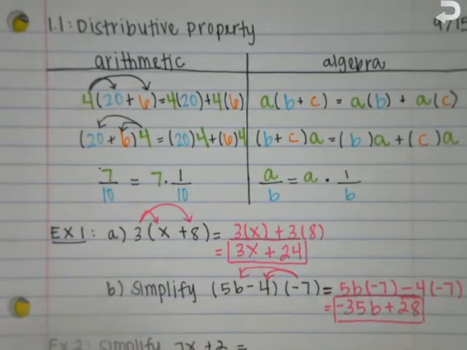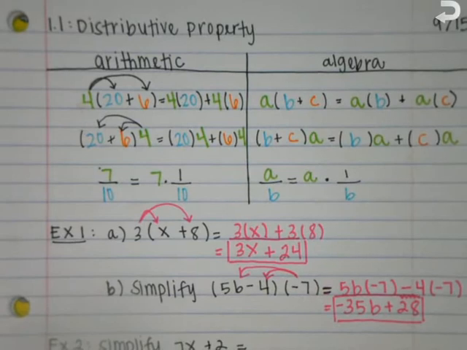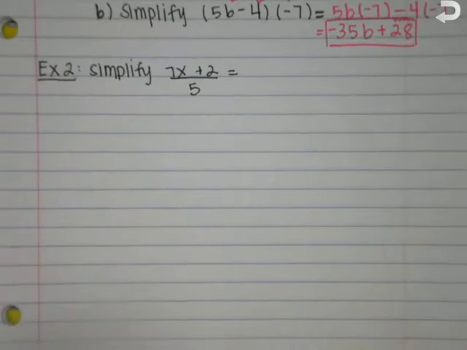But I want you to actually have it written down because the next example is going to be a whole bunch of numbers over one single fraction. So here is example 2. Simplify 7x plus 2 over 5.